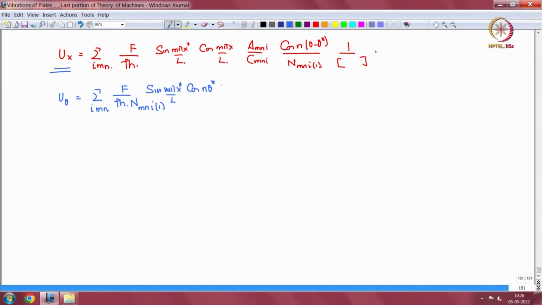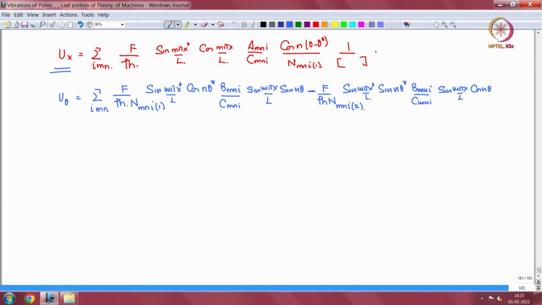Now the mode shape B m n I by C m n I sine m pi x by L sine n theta from the first set, and the minus that we should not forget, f by rho h n m n I 2 sine m pi x star by L sine n theta star, and again the mode shape from the second set B m n I by C m n I sine m pi x by L cos n theta, and the frequency term we should insert somewhere.